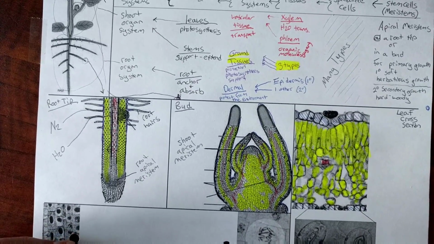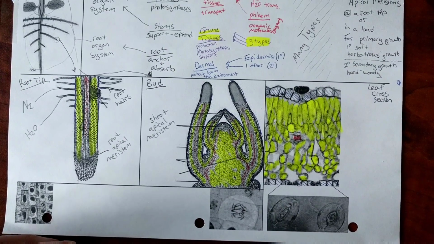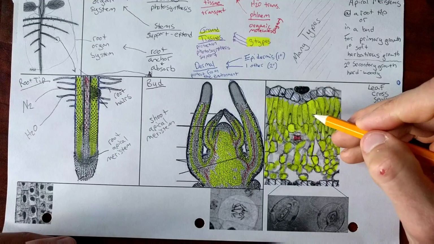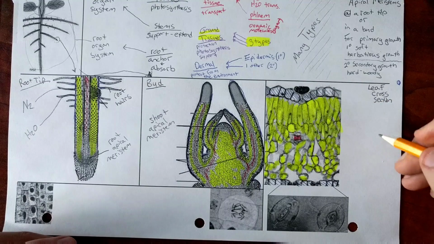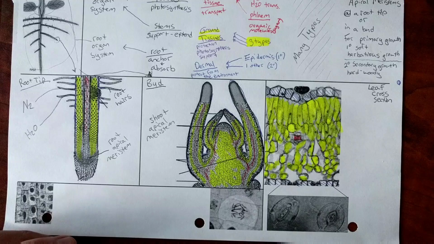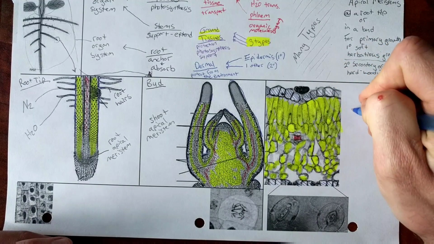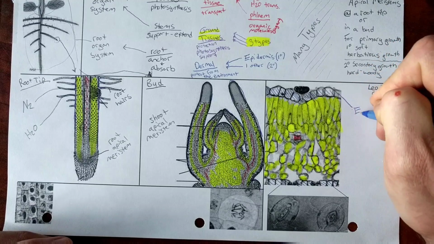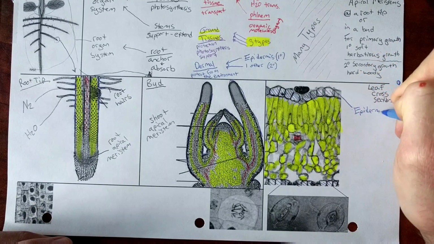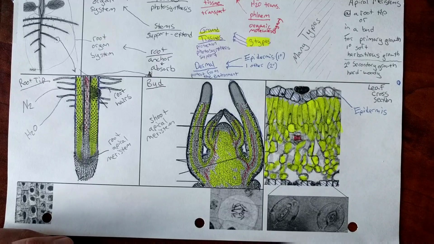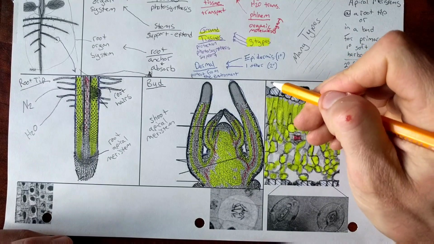In my last couple minutes, I want to dive into this leaf cross-section. So this is a really good example because you can see your epidermis. The IB likes to use the word, so I want to give it to you.